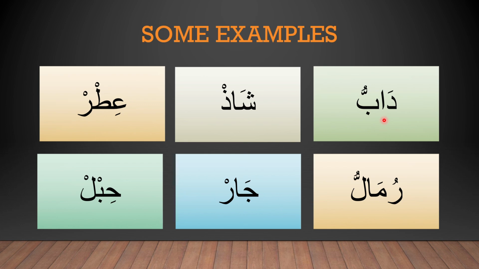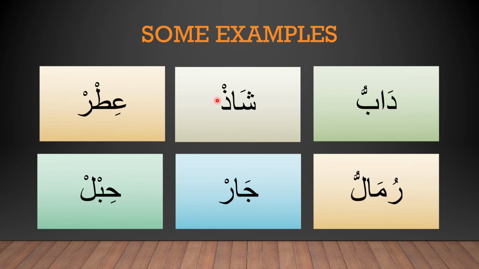Alright, now I'll do this two more times and this will be very quick because I expect you to stop the video and come back to it. Dal, Alif, Da, Ba, Shadda, so it's essentially Sukun. Dab, now there's Shadda, so it's Dhamma. Dabu. Sheen, Alif, Sha, Zal, Sukun.